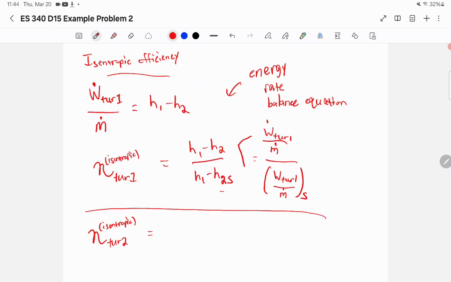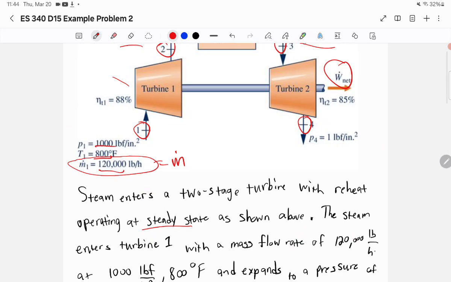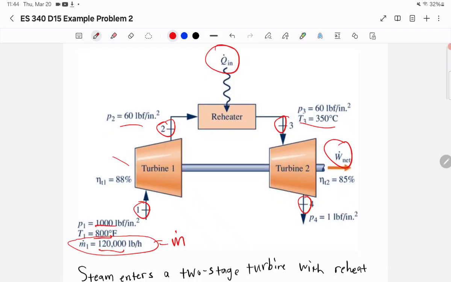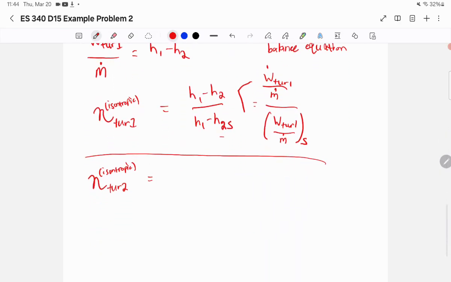Let's go back up to the turbine. We had 3 as the inlet and 4 as the exit for that one.